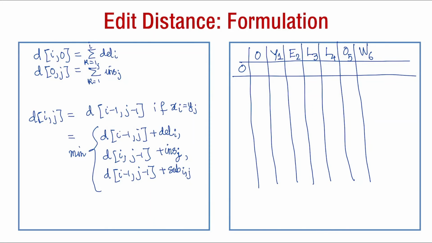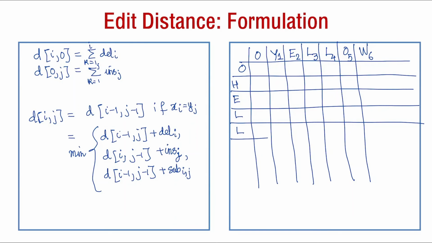Again here we will have H, E, L, L, O, and this is 1, this is 2, 3, 4, 5, and we will apply the same sweep algorithm.